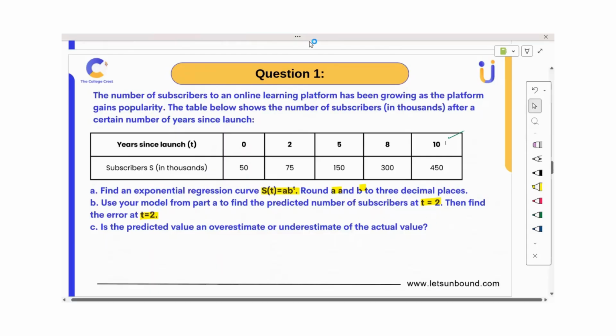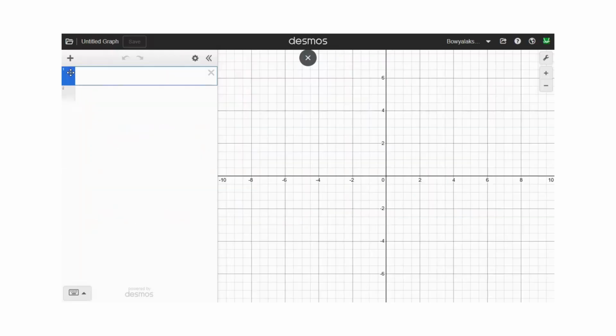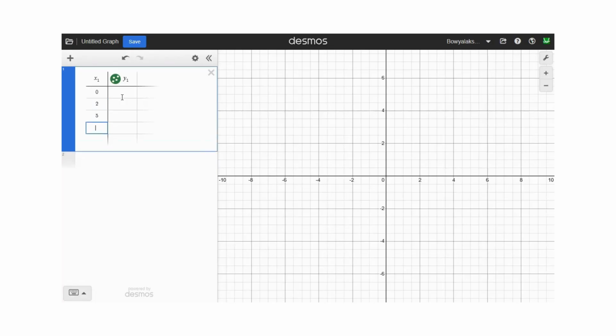Let me share that screen. Okay, first you need to list down the points like a table of values. You just give it here. Go for table. And we have the x values, the independent variable t: 0, 2, 5, 8, 10.